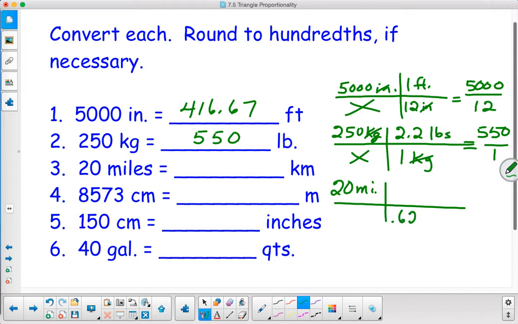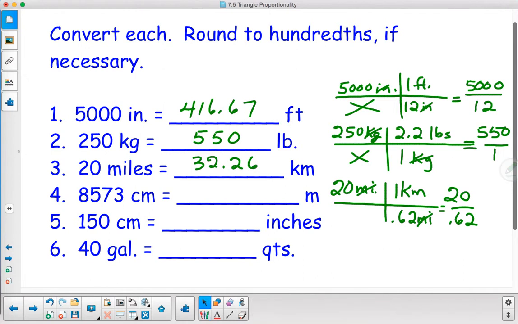So I'll put the 0.62 miles on the bottom. 1 kilometer goes on the top so that the miles will cancel. So the calculation that I need to do, 20 times 1 is 20, divided by 0.62. 20 divided by 0.62, rounded, is 32.26 kilometers.